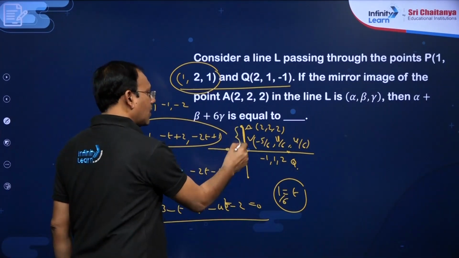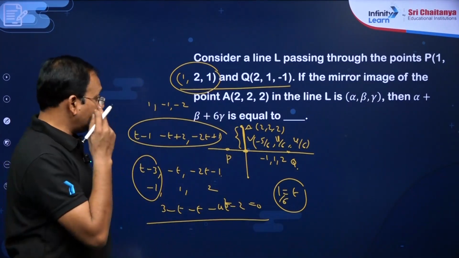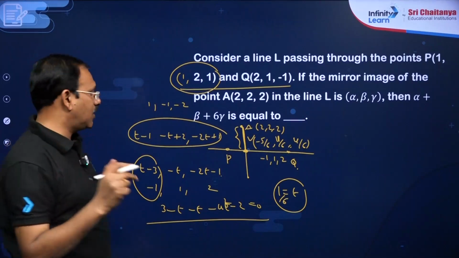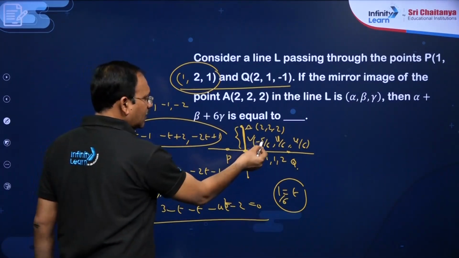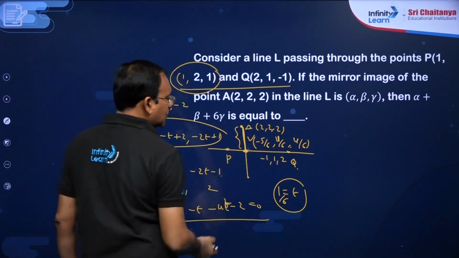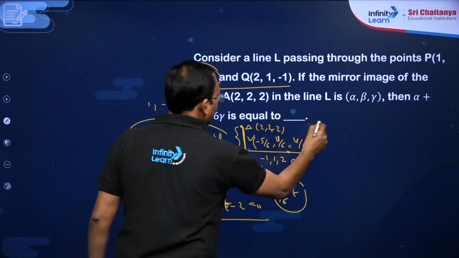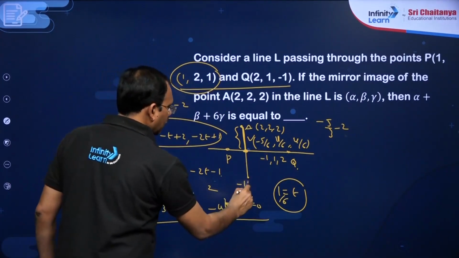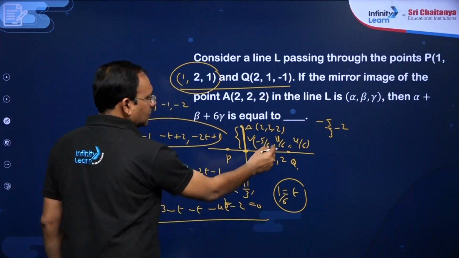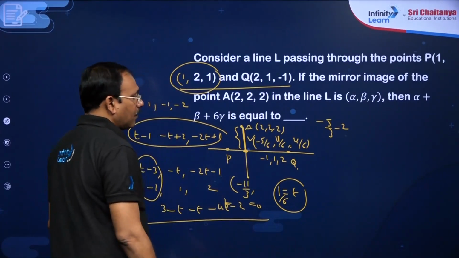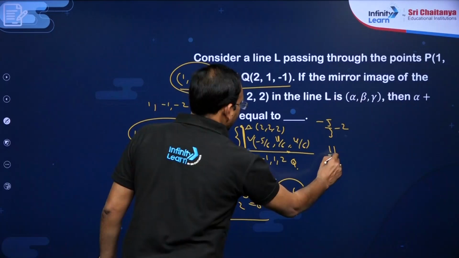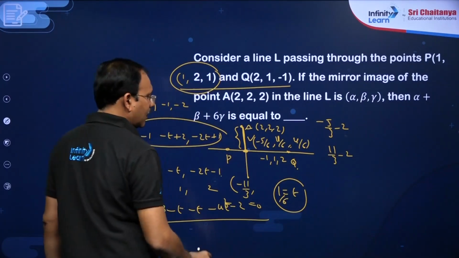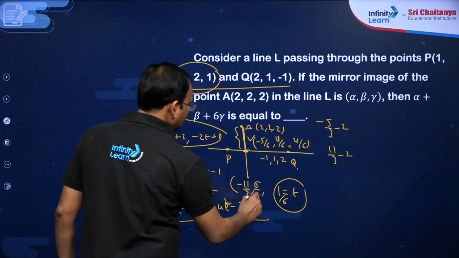If you want, you can find the perpendicular distance. In this problem, he just wants the image. Since it is the midpoint, double it and subtract the given point. That is minus 5 by 3 minus 2. That is minus 6 minus 5, minus 11 by 3. This is 11 by 3 minus 2. So 11 by 3 minus 2, 11 minus 6 will become 5 by 3.